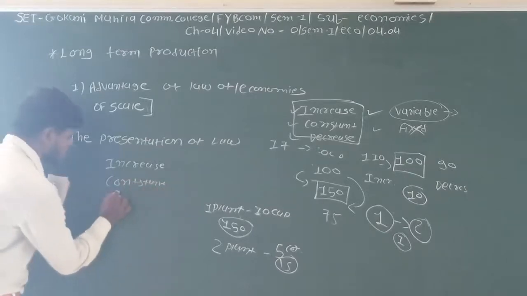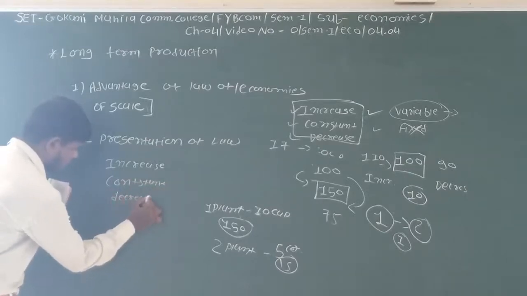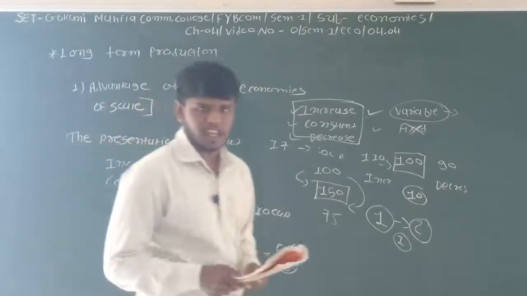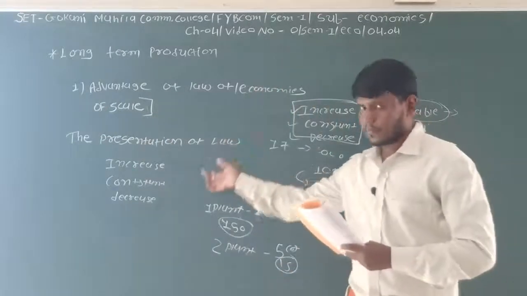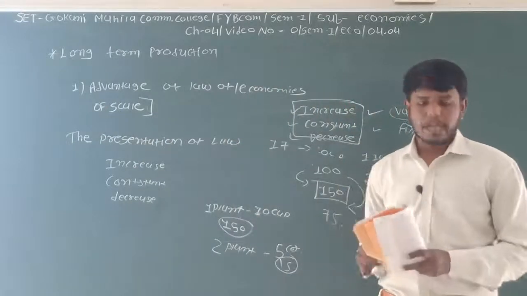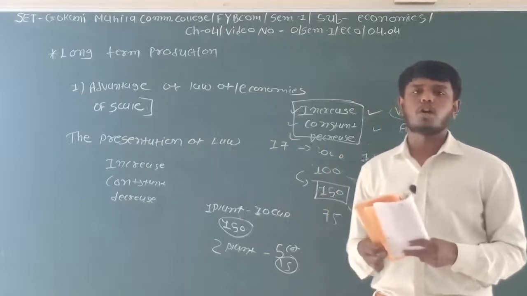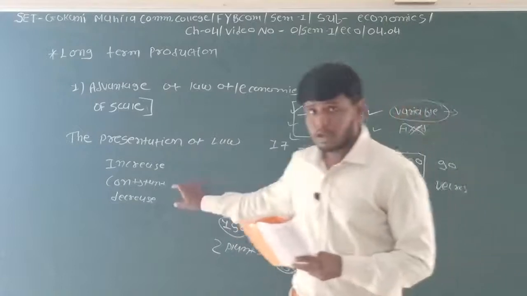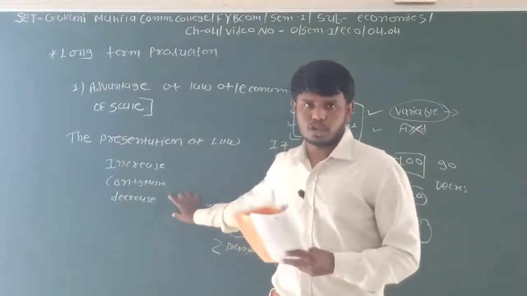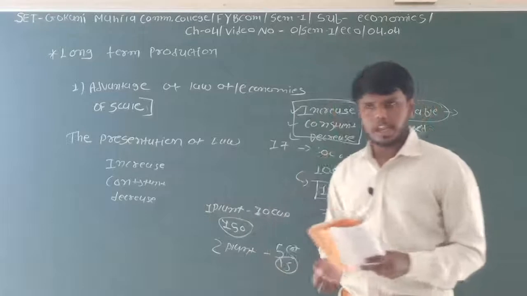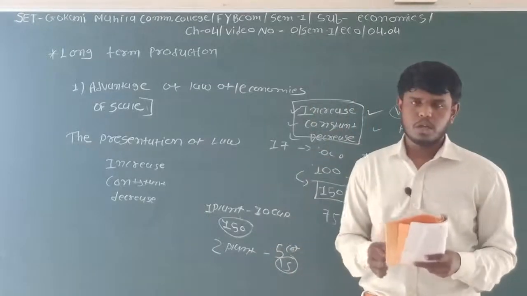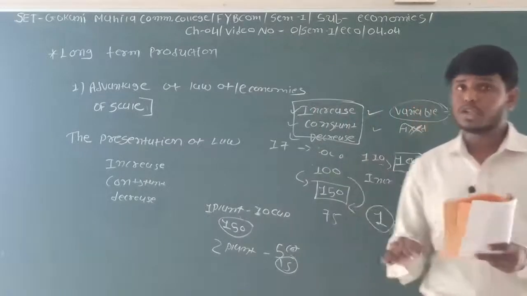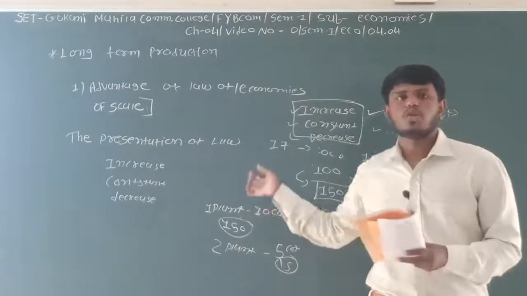And in the last stage, if we keep adding more and more factors of production to the production system, that system will not give you results. On the other hand, it gives you a decremental result, because when you add factors of production, your expectation is to get more profit or return compared to your efforts.